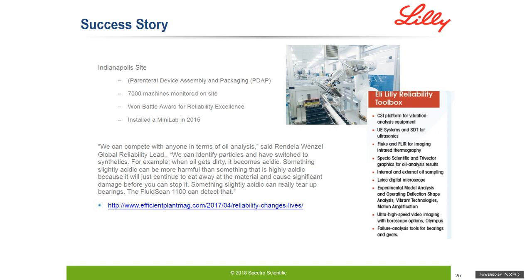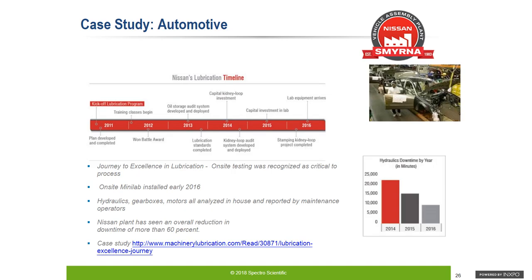Another organization that did very well in the last few years is the company called Nissan Automotive. In those particular situations, they also put in a system and decided to go on-site over a period of time.